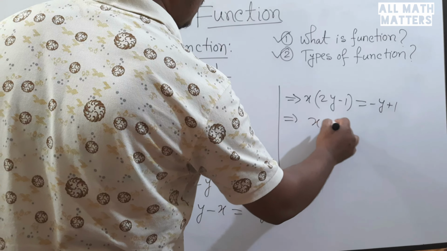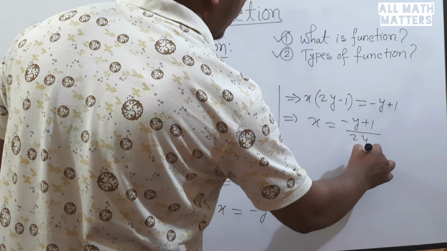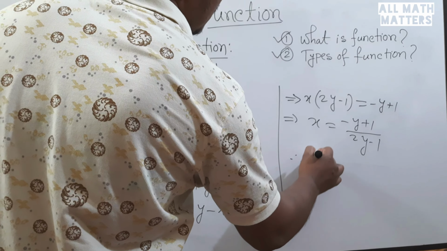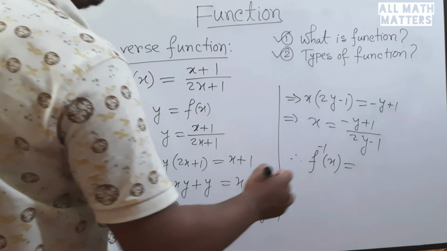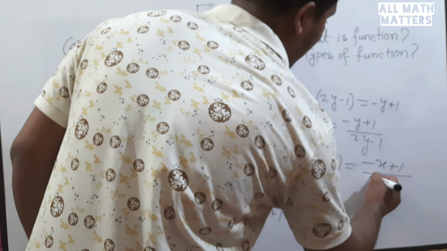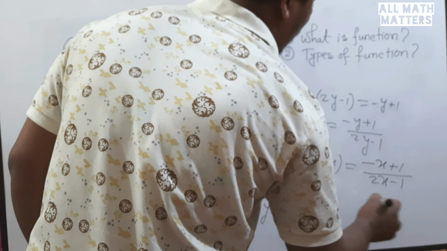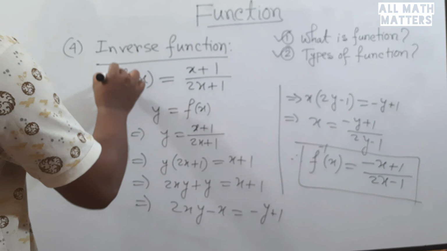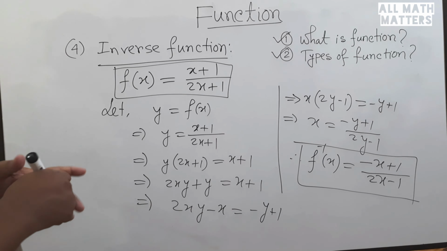So x = (-y + 1)/(2y - 1). Finally, now we replace y with x, then we get (-x + 1)/(2x - 1). So this is the inverse function of the given function f(x) = (x + 1)/(2x + 1).